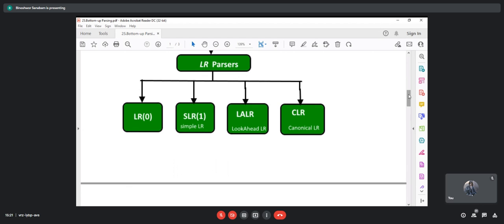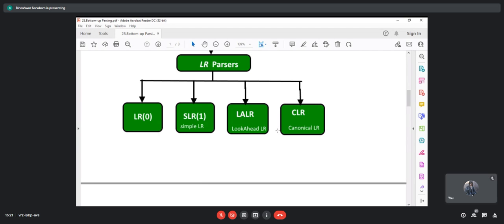A few of them are given here: LR parser, then SLR parser, then LALR parser, then CLR parser. LR and SLR are going to work with items called LR0 items, whereas LALR and CLR are going to work with items called canonical LR items.